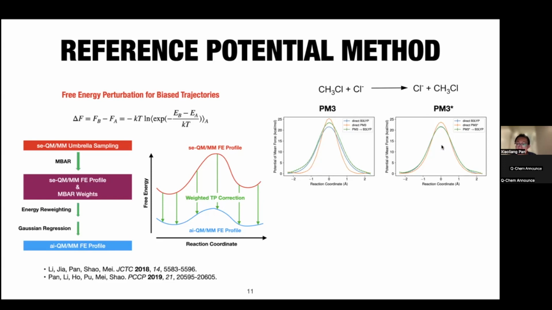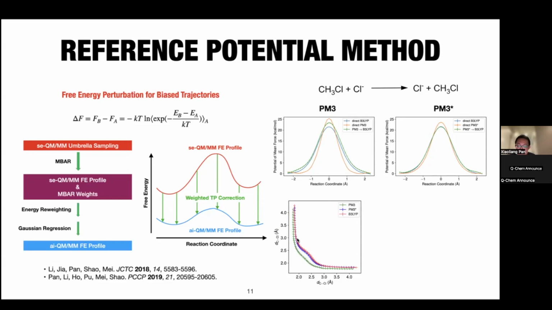So here I'm showing we do the same correction, but with the standard empirical PM3 or the reparameterized one. And you can see if we improve the similarity of the two methods, this can give us a much better prediction from this kind of free energy perturbation type of correction.